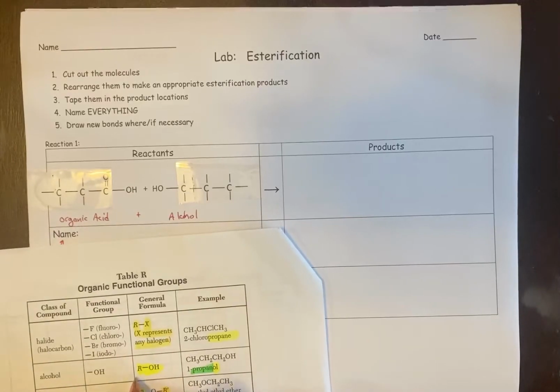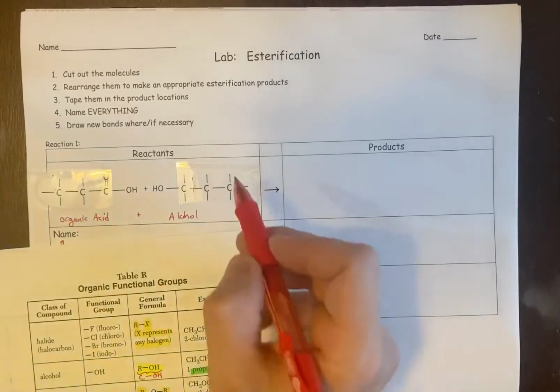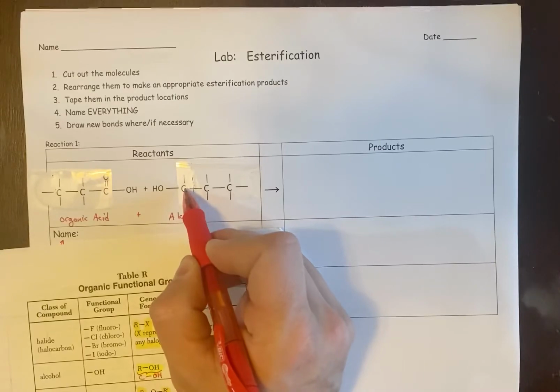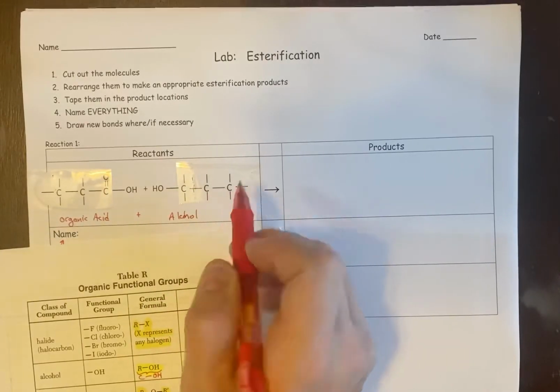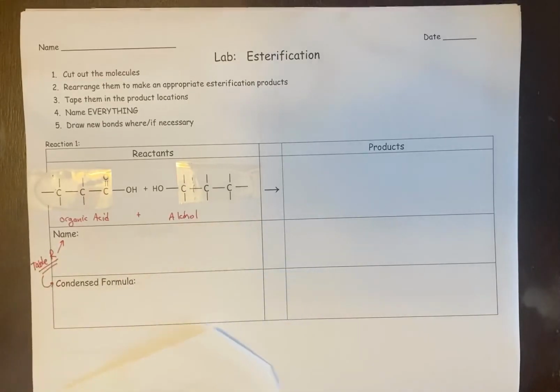If you look over here, the R is the carbon, the functional group is the OH for alcohols, and it can be on any carbon. In other words, the OH takes the place of an H, so it could be on this carbon, this carbon, or this carbon. So you are going to have to number the carbons and then name it. This first one is really off table R, so I did this intentionally so that you have table R.